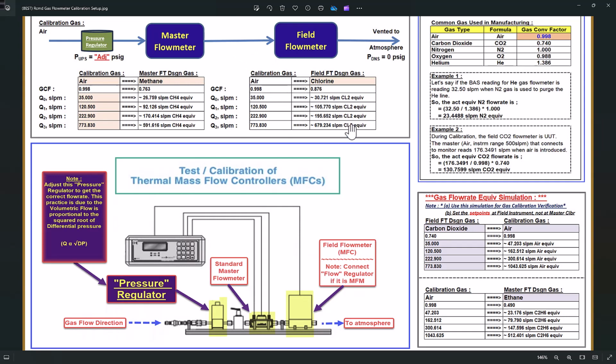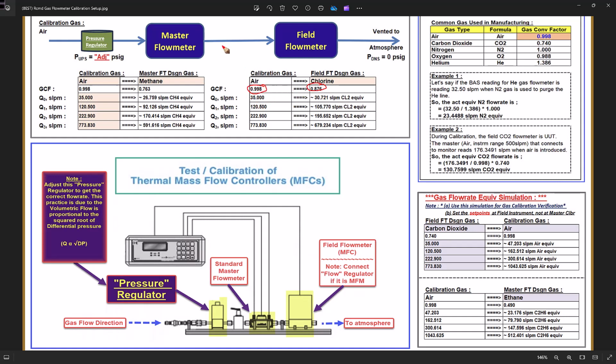How do we derive all these values is very simple. You just need to use the same method that I shared with you just now. Maybe I can share with you briefly here so that you can understand it. For example, the GCF value for chlorine is 0.876, and for air it is 0.998.